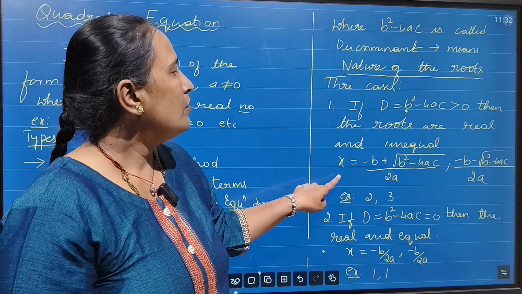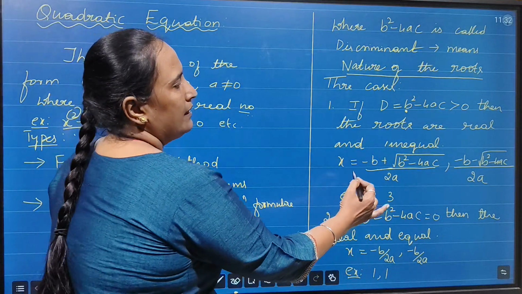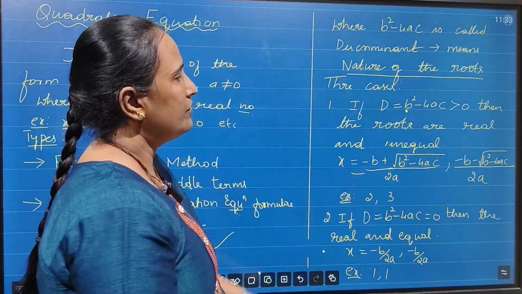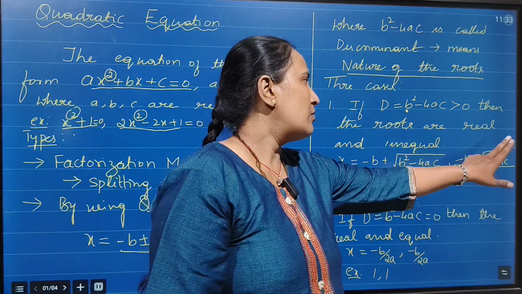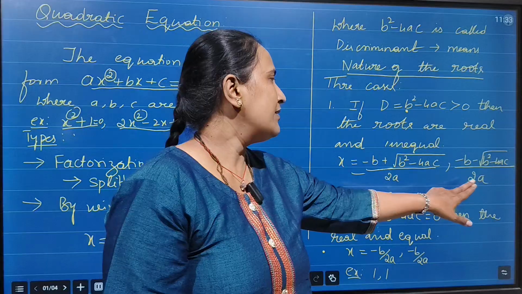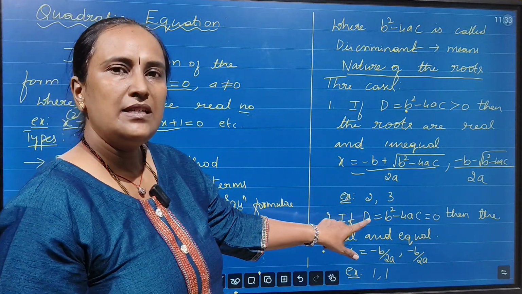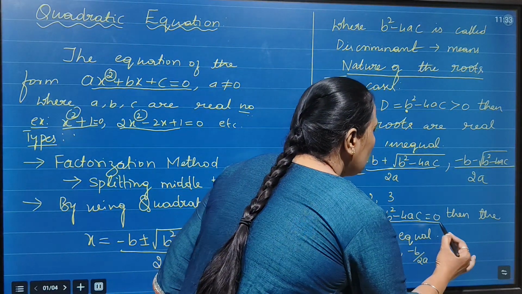In this case, we use the general formula x is equal to minus b plus square root of b square minus 4ac divided by 2a, and the other is minus b minus square root of b square minus 4ac divided by 2a. Next case is if D is equal to b square minus 4ac is equal to 0.